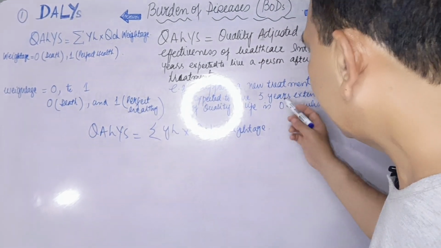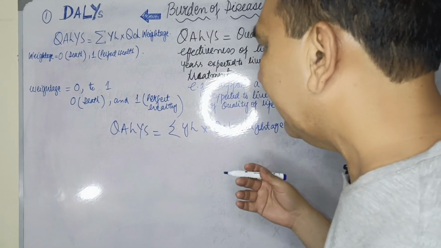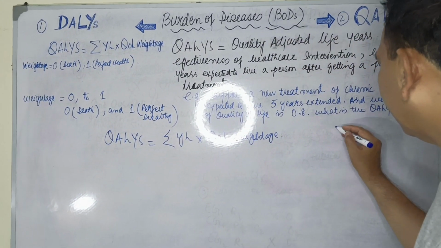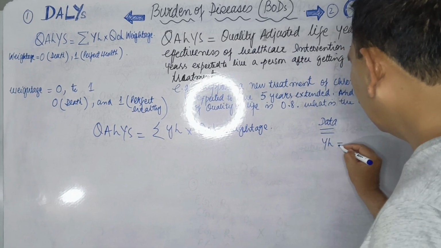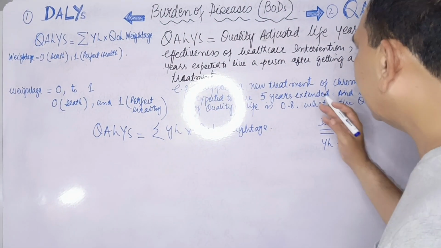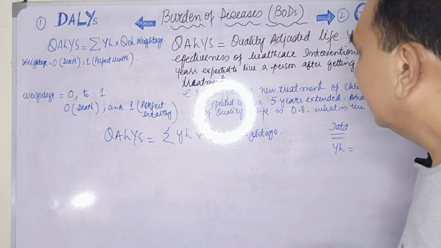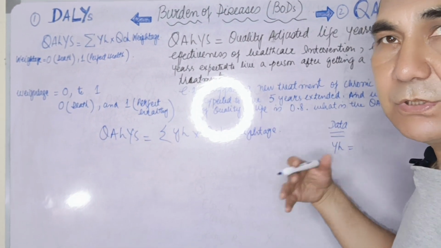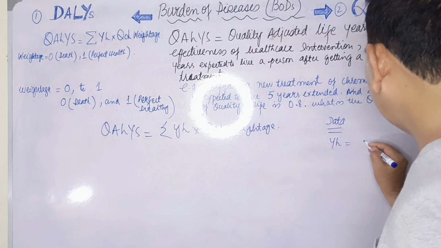Now, in this scenario, we will extract the data. So YL, years of life, how many years of life will be expected after getting the new treatment which has been launched for the chronic disease, is 5 years.